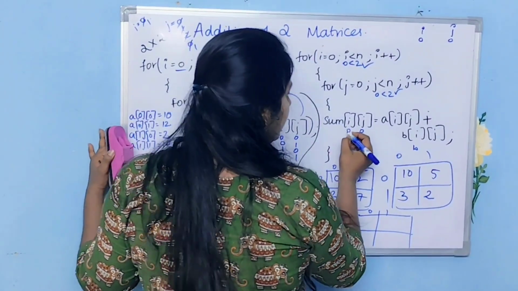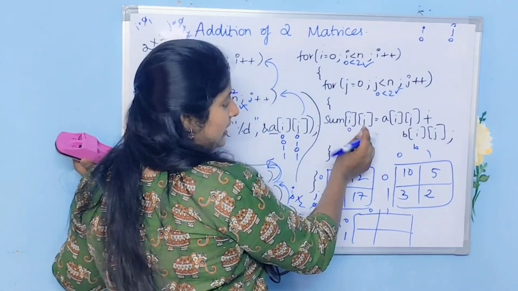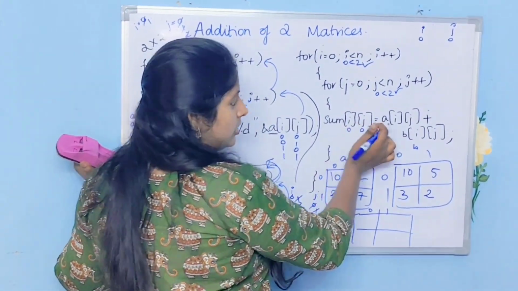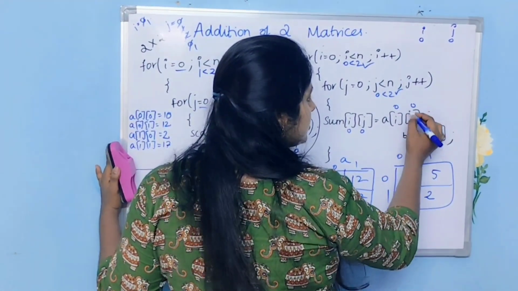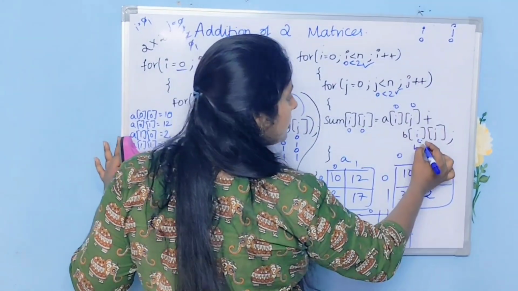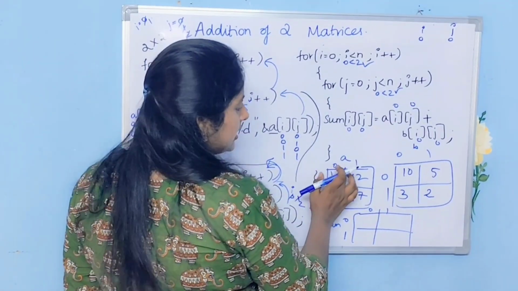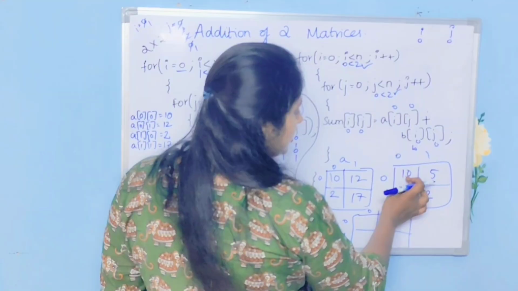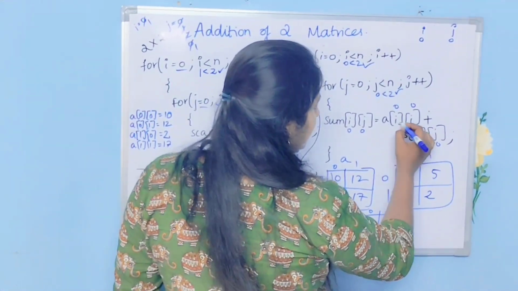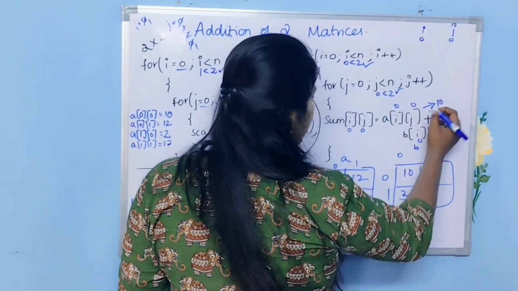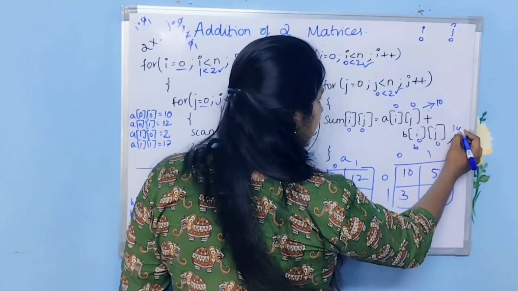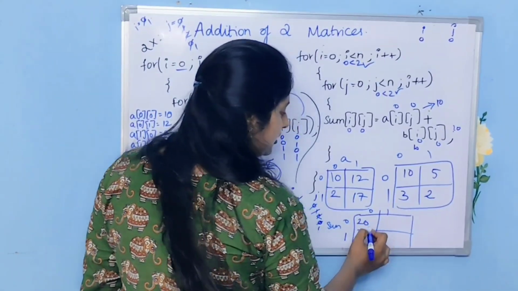I am trying to fill the element of sum 0, 0. Here i and j are both 0. A of 0, 0 is 10 and B of 0, 0 is 10. So add them, you will get 20.